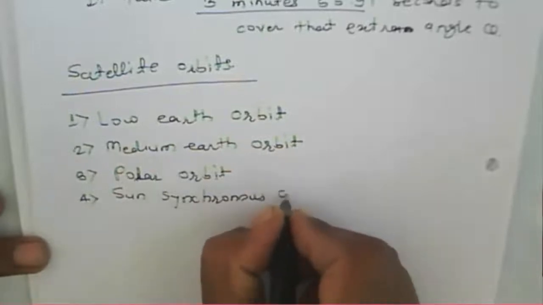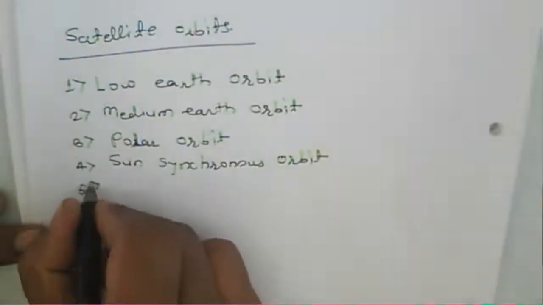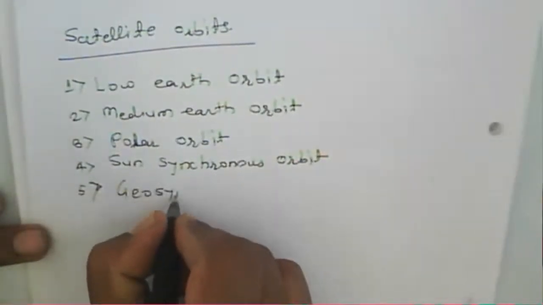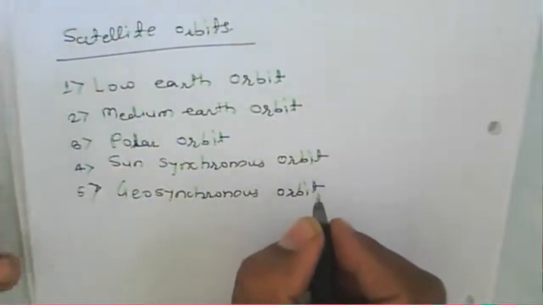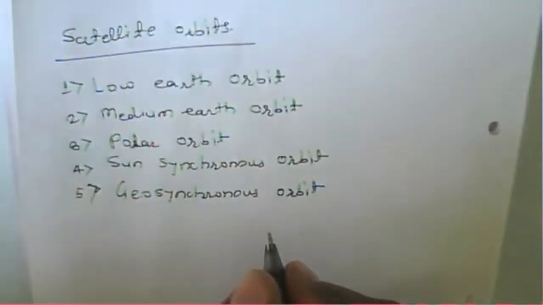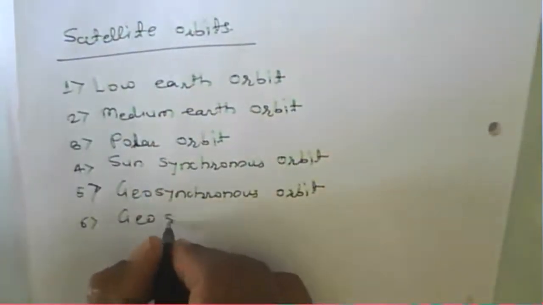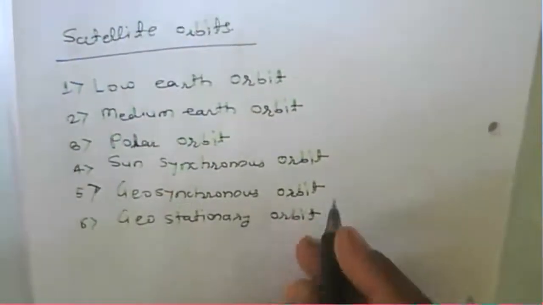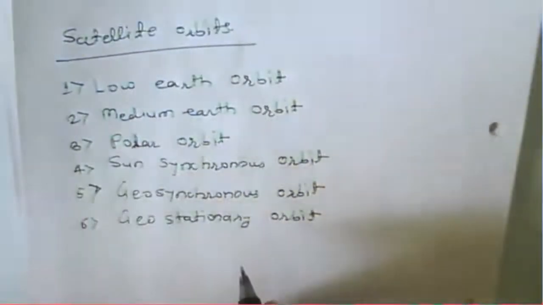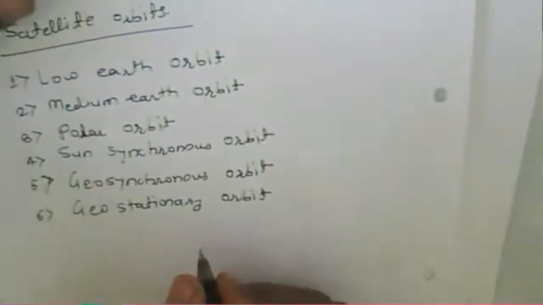Then a sun synchronous orbit. Then geosynchronous orbit, or you can say a geostationary orbit. Geostationary and geosynchronous orbit, so a period is required for this. Okay, so we'll see one by one.